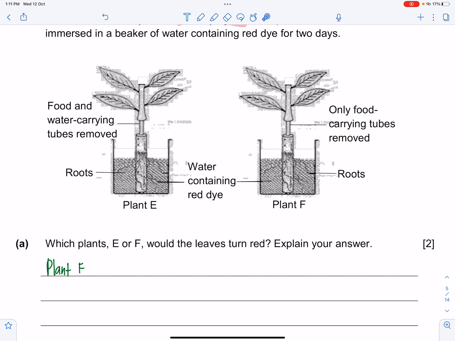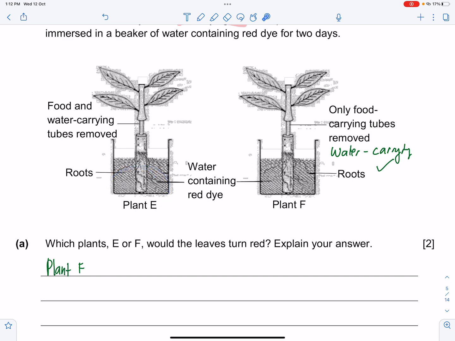So basically, since only your food carrying tubes are removed, your water carrying tubes are still present, and you are able to transport your dye from this location upwards. This cannot be said for your plant E.